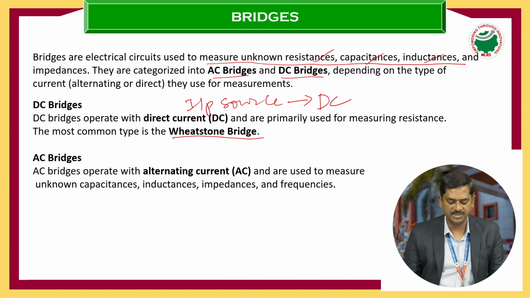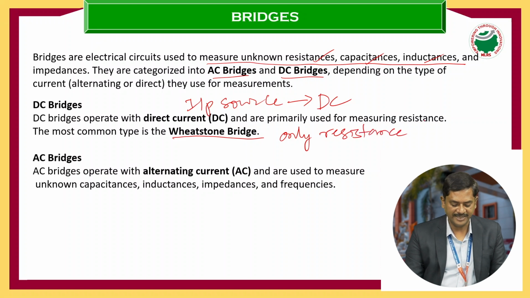In DC bridges, we try to measure only resistance, whereas in AC bridges, apart from resistance, we try to measure inductance, capacitances, impedances, and frequencies. Apart from that, we also measure the parameter called reactance.